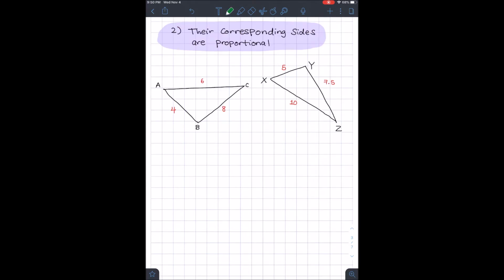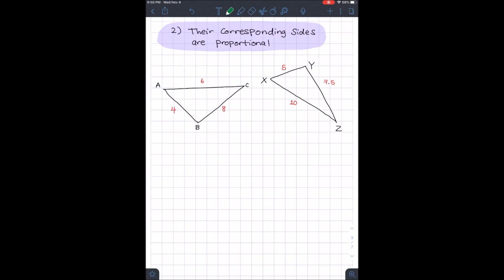Now the second condition that tells us if two triangles are similar is if their corresponding sides are proportional. And what does that mean? Well, what it really means is that each pair of sides for the two triangles have the same ratio or fraction. But how do we know what each pair of sides are?